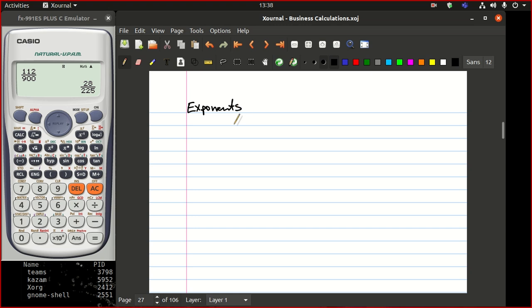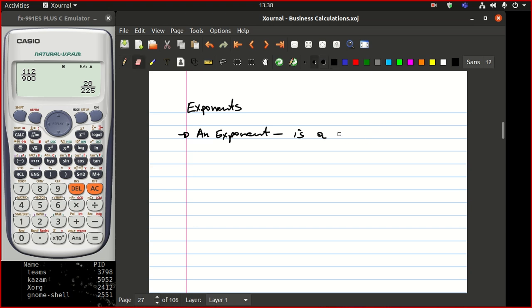Exponents. So let me write it here as a definition. We don't usually ask definitions when it comes to maths. We are focusing on calculations, but it's important to know the definition. An exponent. What is an exponent? An exponent is a number. Must be a number first.